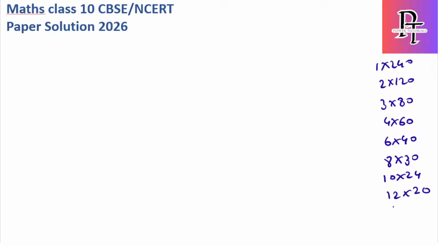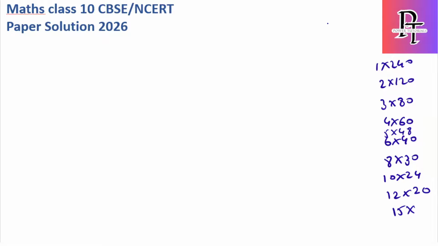Then 14 ones, then 15 table. Here between them I have missed 5, so it is 5 into 48, which is 240. Okay, so 15 table: 15 into 16 is 240.